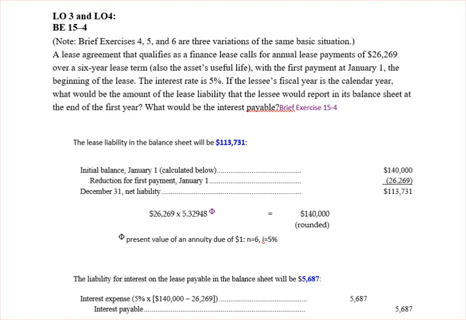Technically, we should wait, and we should have said 364 over 365 times the 56.87 should be the amount of interest expense for the first year, because that last day has not lapsed. I get that. I get it completely. But in this class, if you see December 31st, I want you to say it's the same thing as January 1st of that next year. So just put 56.87 in there.